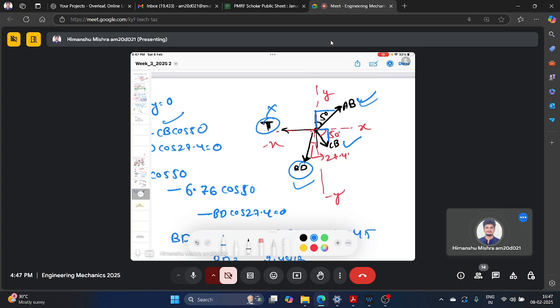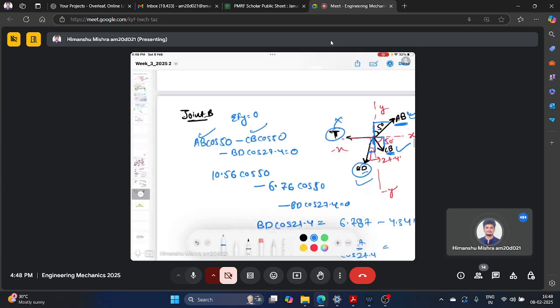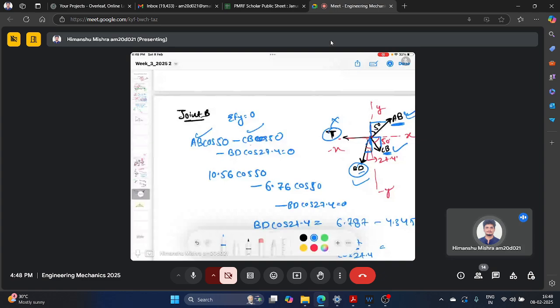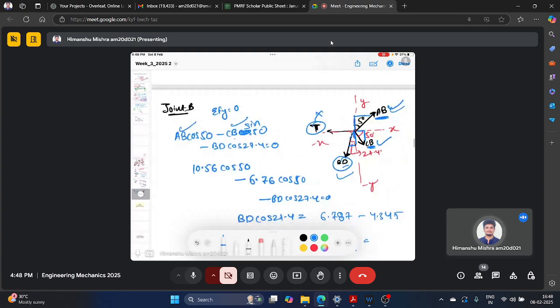So this is cos AB, this is sine CB, and this will be cos BD. In the equation, you've taken it as cos CB. Yeah, so this will be sine. Thanks. So this will be sine 50.